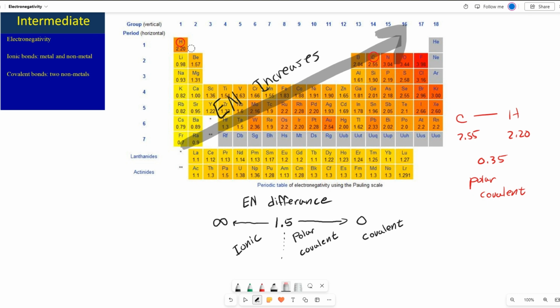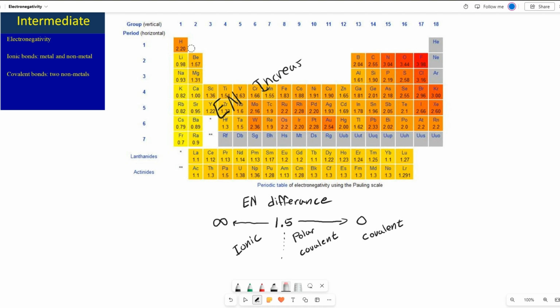If we take a look at another example, let's say now that we take a look at two oxygen atoms. Oxygen is right here on the periodic table. So if we had two oxygen atoms and they were going to make a bond with each other, each oxygen atom has a 3.44 electronegativity. And if you subtract them from each other, you get a 0 difference, which means this would be a pure covalent bond.